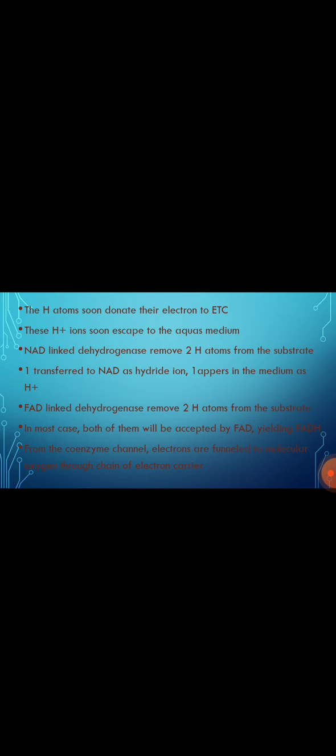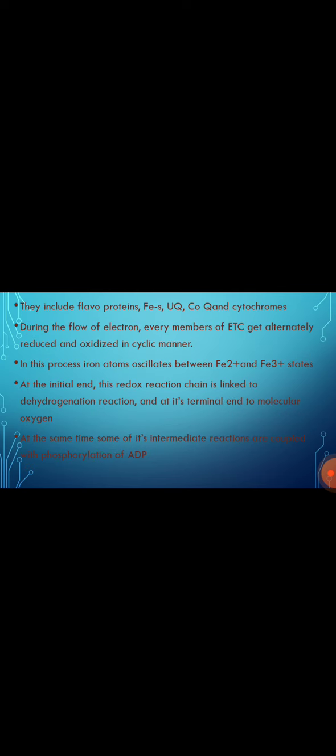From the coenzyme channel, electrons are funneled to molecular oxygen through the channel of electron carriers. They include flavoproteins, iron sulfur centers, ubiquinone, coenzyme Q and cytochromes. During the flow of electrons, every member of electron transport chain gets alternately reduced and oxidized in cyclic manner.